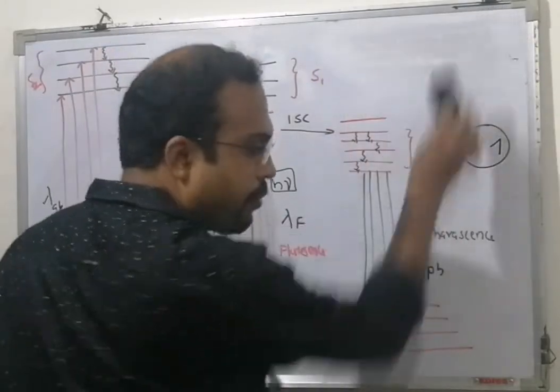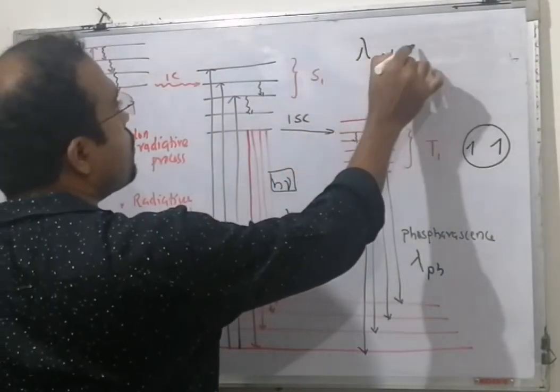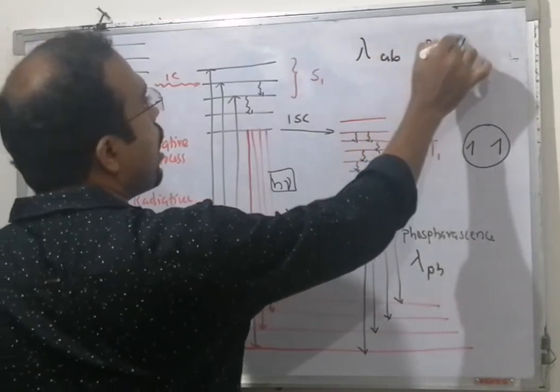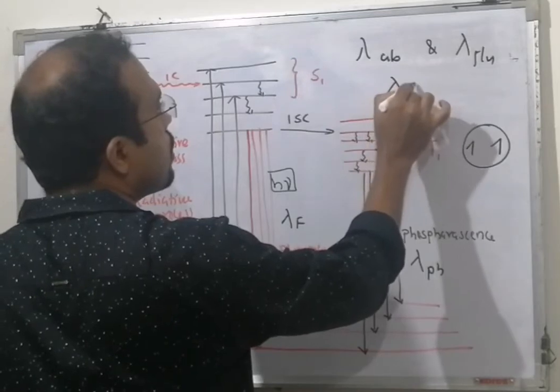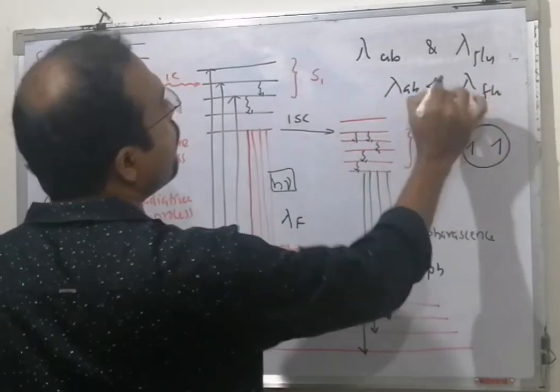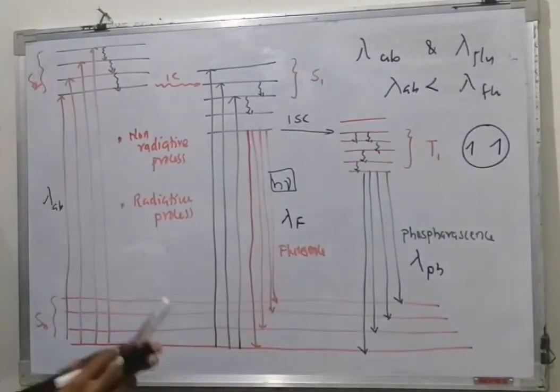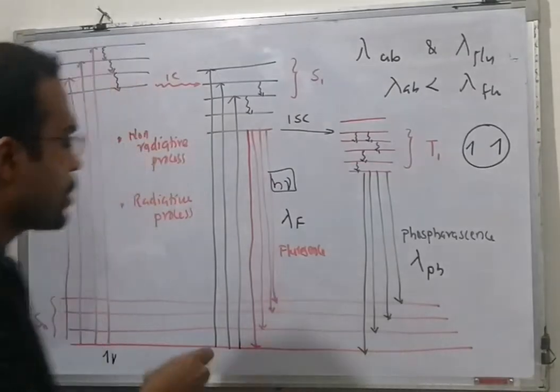Stokes shift is the difference between lambda excitation, or lambda absorption, and lambda fluorescence. This is smaller than this, and the difference is called Stokes shift.